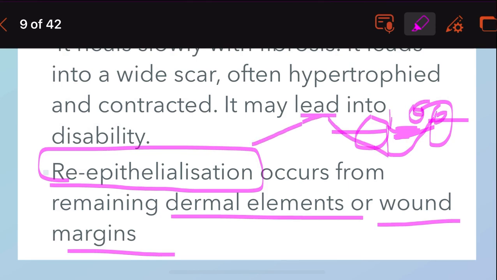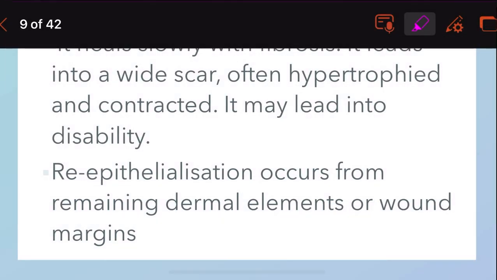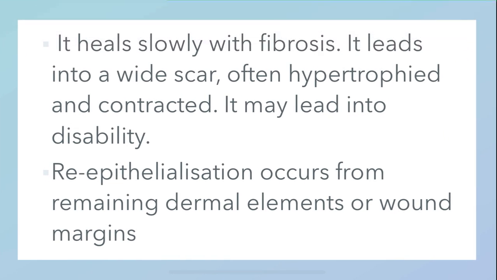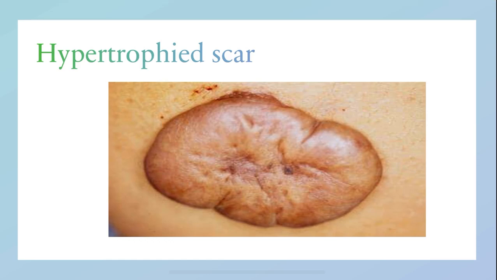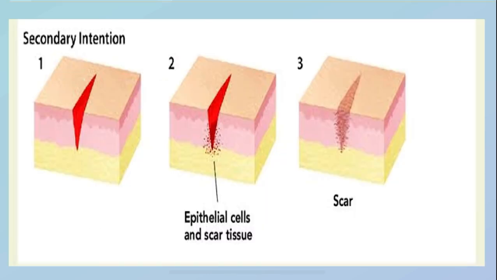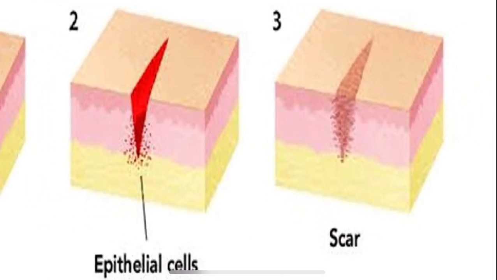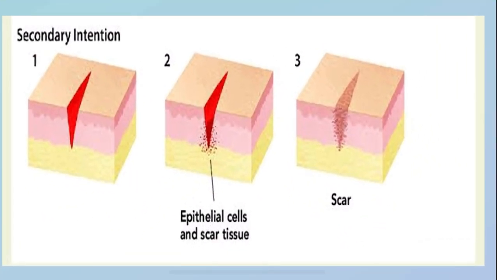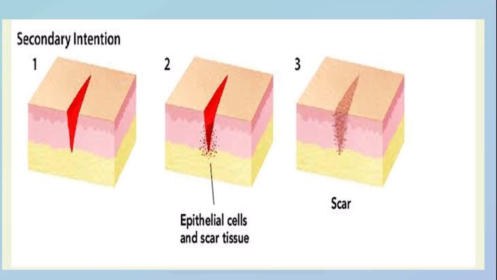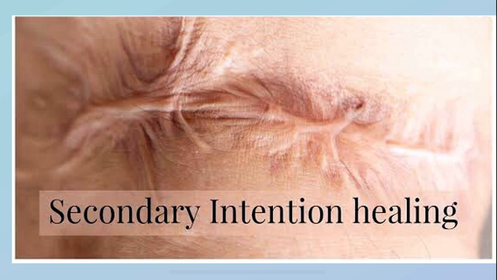Then they'll close the wound, and it is occurring from the wound margins. Now you saw the hypertrophied scar. In secondary intention, irregular wounds will be there, and more fibrosis is going to happen in the epithelial cells and scar tissues, and the scar is going to be hypertrophied. In secondary intention healing, you can see the scar here.